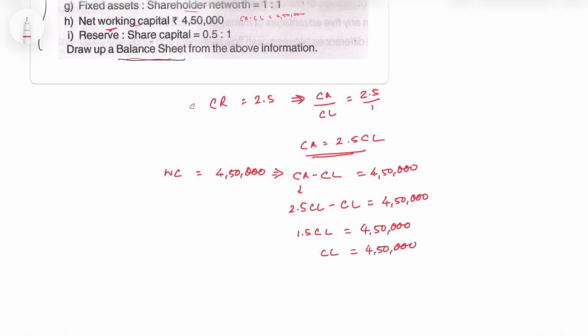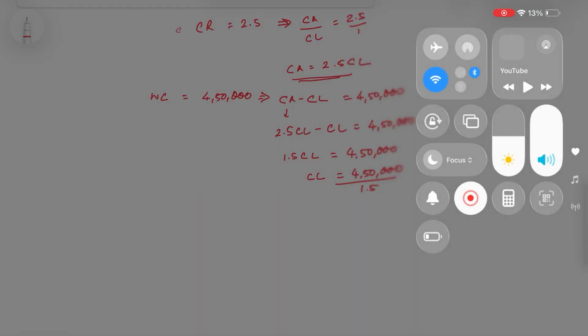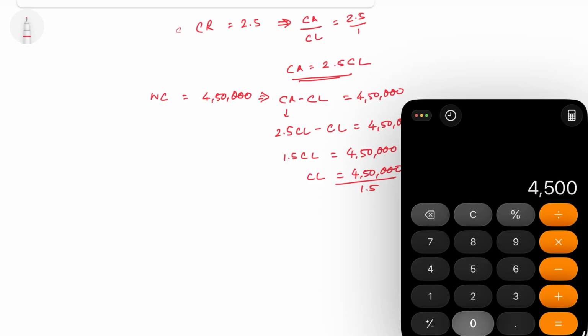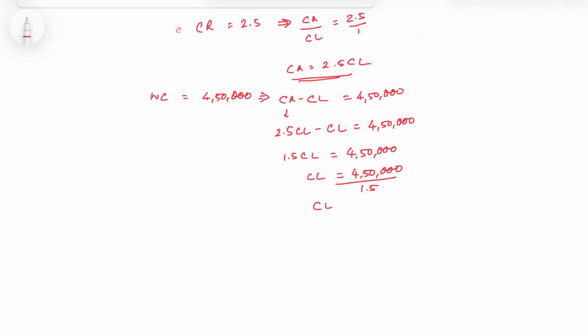So current liability is equal to 4,50,000 divided by 1.5, which is 3 lakh.